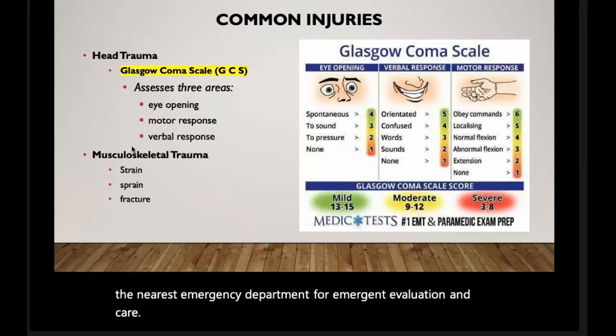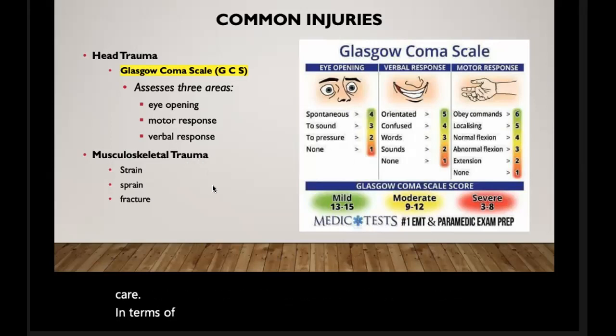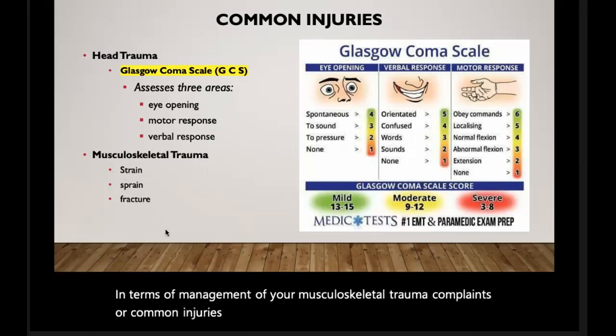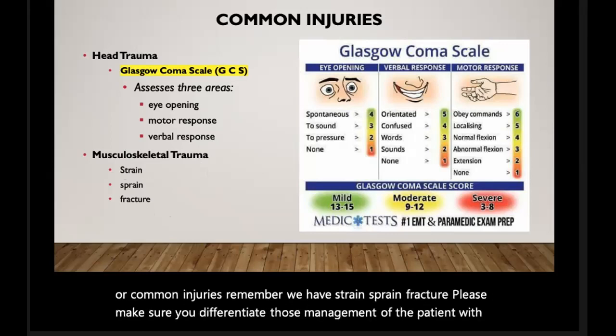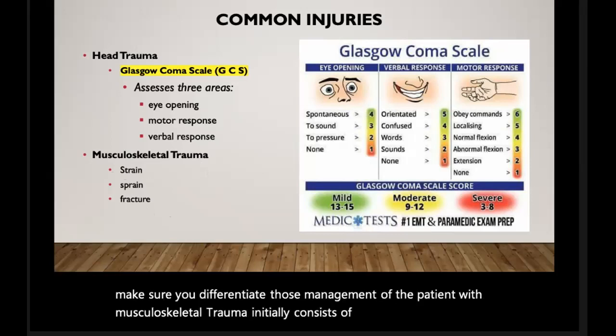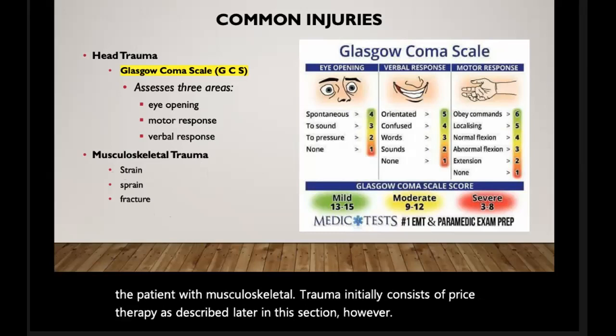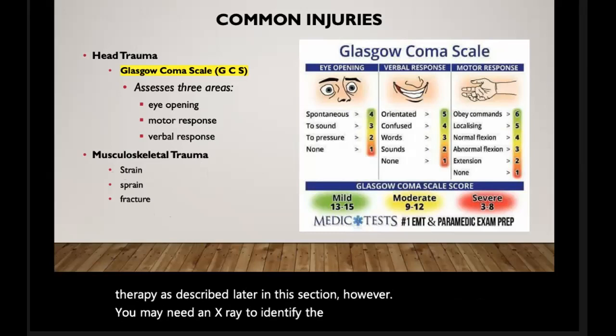In terms of management of your musculoskeletal trauma complaints or common injuries, remember we have strain, sprain, fracture. Please make sure you differentiate those. Management of the patient with musculoskeletal trauma initially consists of PRICE therapy, as described later in this section. However, you may need an x-ray to identify the damage to the joint or bony structures.